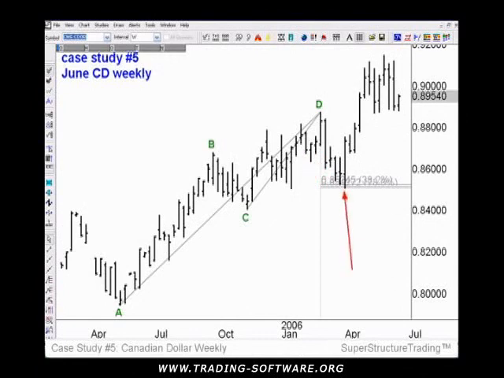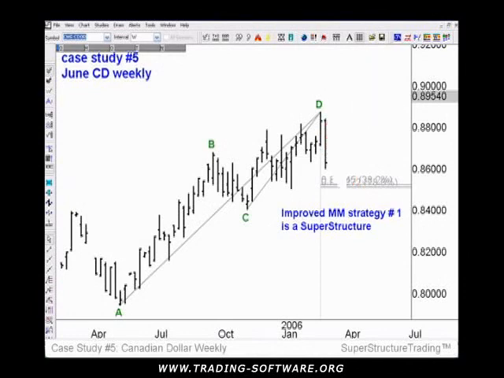In fact, this is the improved strategy number 1, and that is a superstructure setup. It is an excellent place to buy. The idea is for you to pre-calculate this area here, the average of those two numbers, as soon as this bar gets formed. Right around there, you can recognize a possible buy.